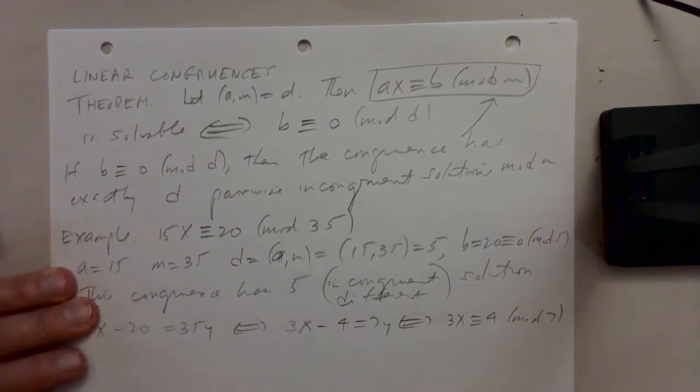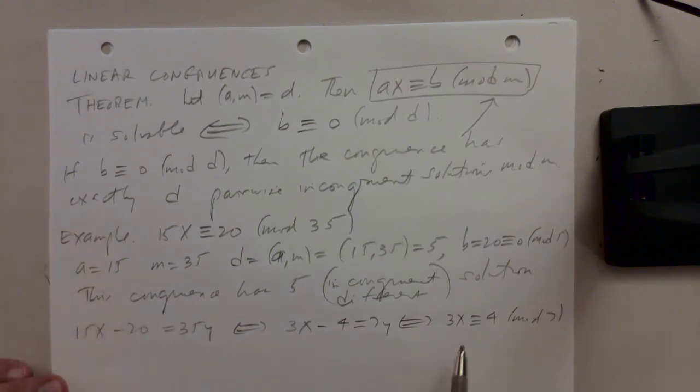We can find a solution of that by trial and error. X equals 0 doesn't work. X equal 1 doesn't work. X equal 2 doesn't work. X equal 3 doesn't work. X equal 4 doesn't work. X equal 5 doesn't work. X equals 6 does work.